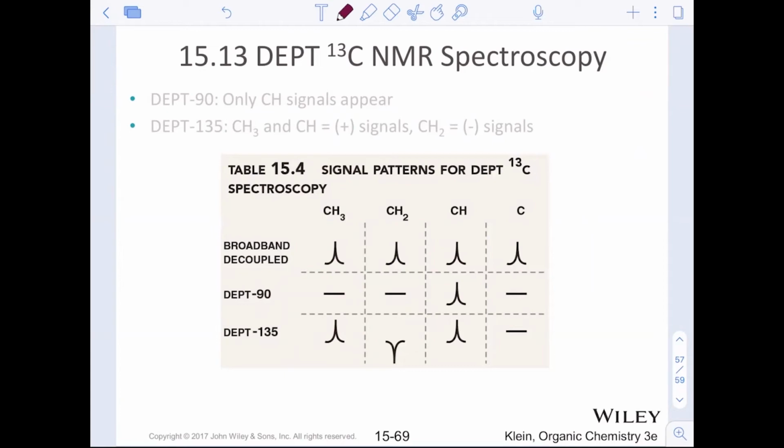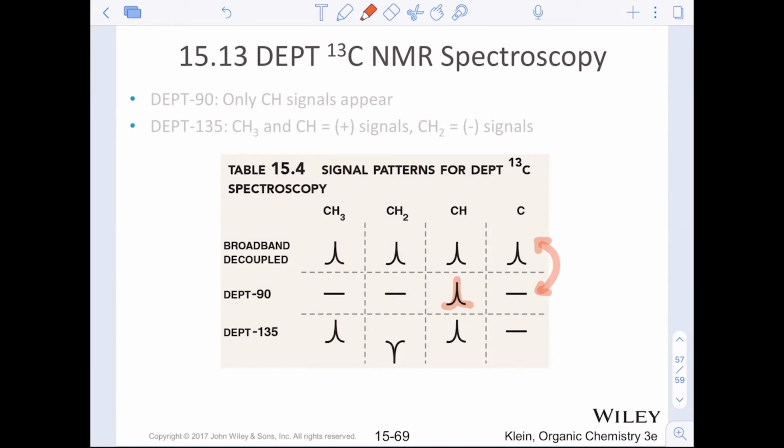DEPT 90 only shows a CH group. Nice. So you can take a broadband decoupled and a DEPT 90 and compare them and say, oh, any peak that shows up on my DEPT 90 and was on my broadband decoupled carbon NMR, that must be a CH group. Any group that disappeared is not a CH group.